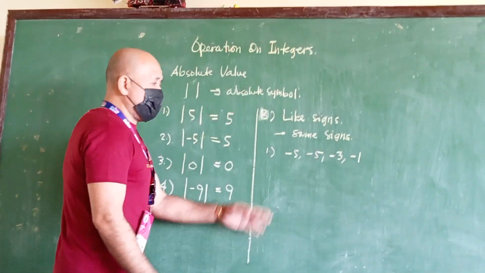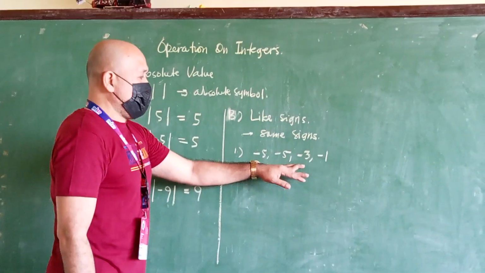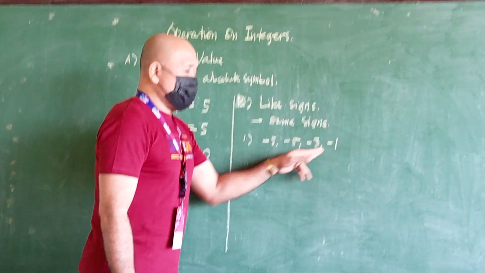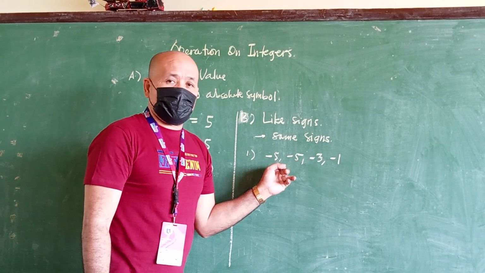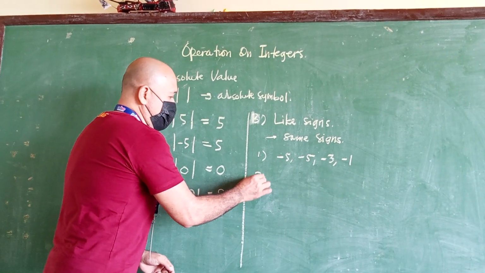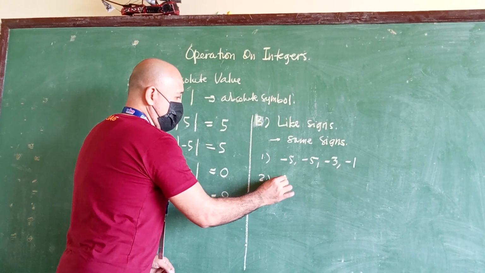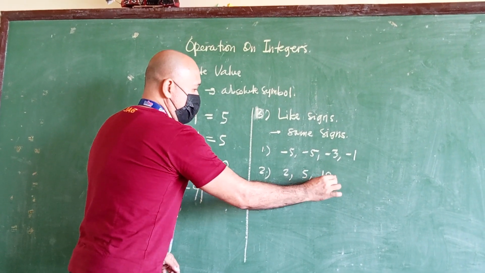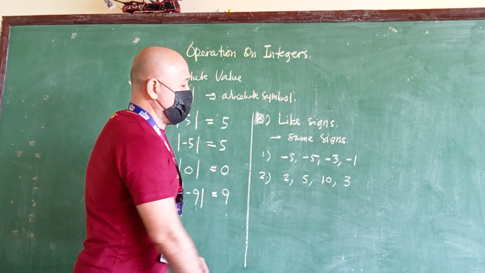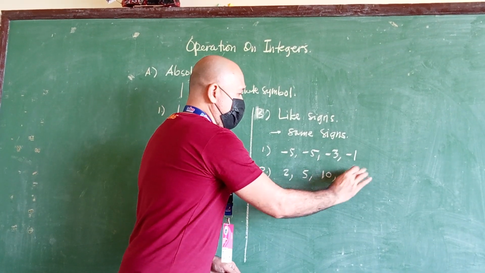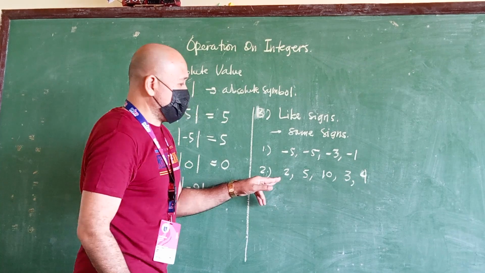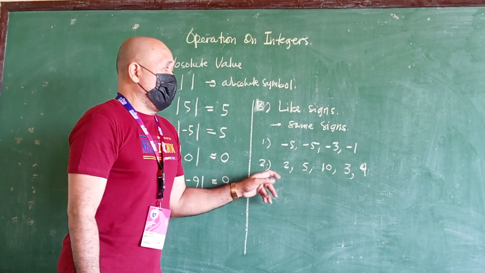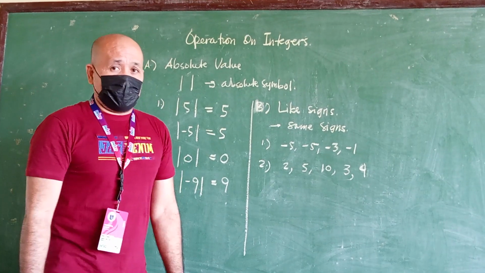These integers are considered like signs because all these 4 integers have the same sign, and that is negative. And you may have positive 2, positive 5, positive 10, and positive 3, or you may add one more, positive 4. Since all these 5 integers have the same sign, positive, we consider this as like signs.